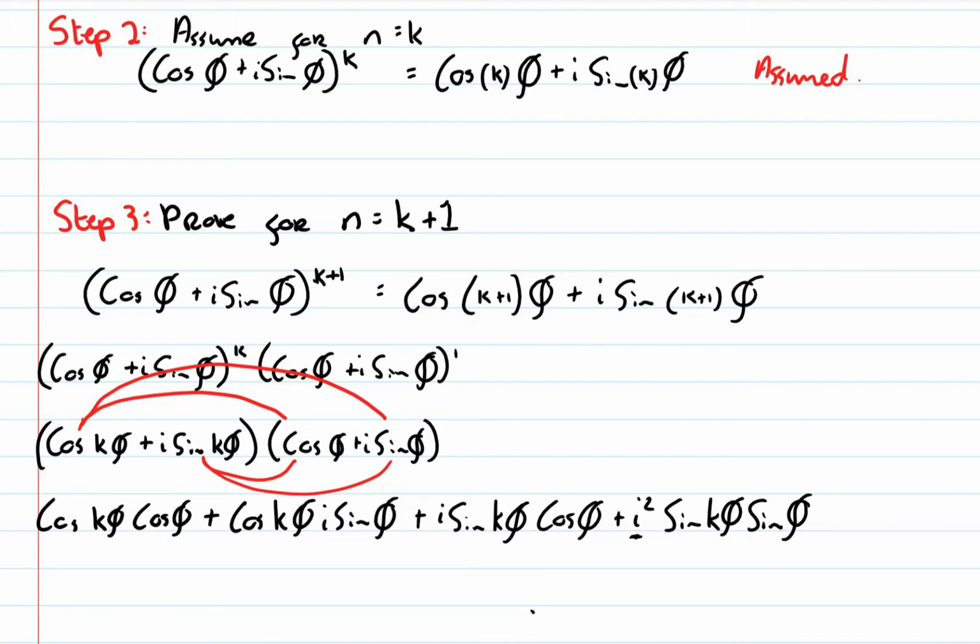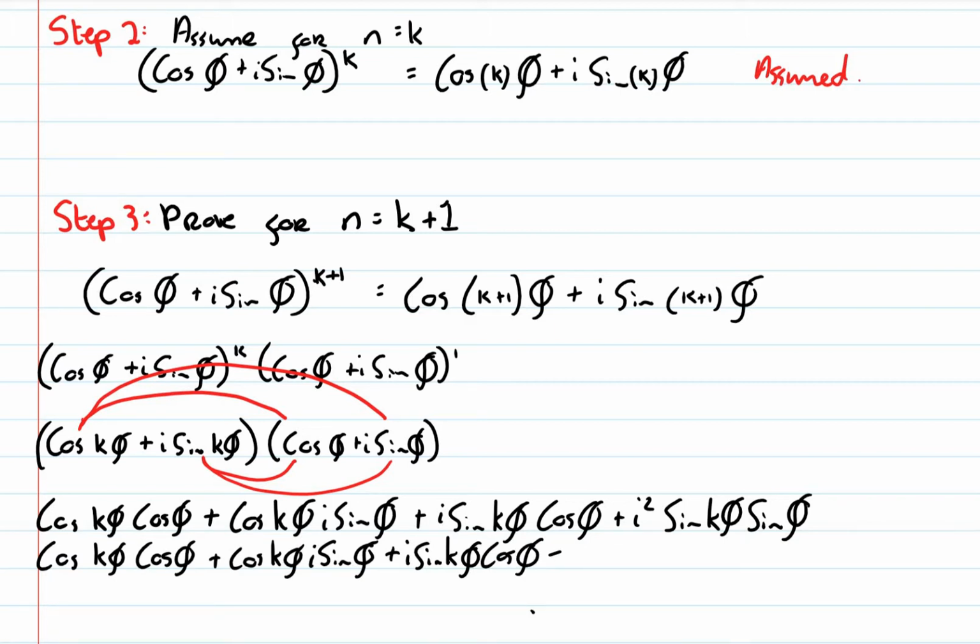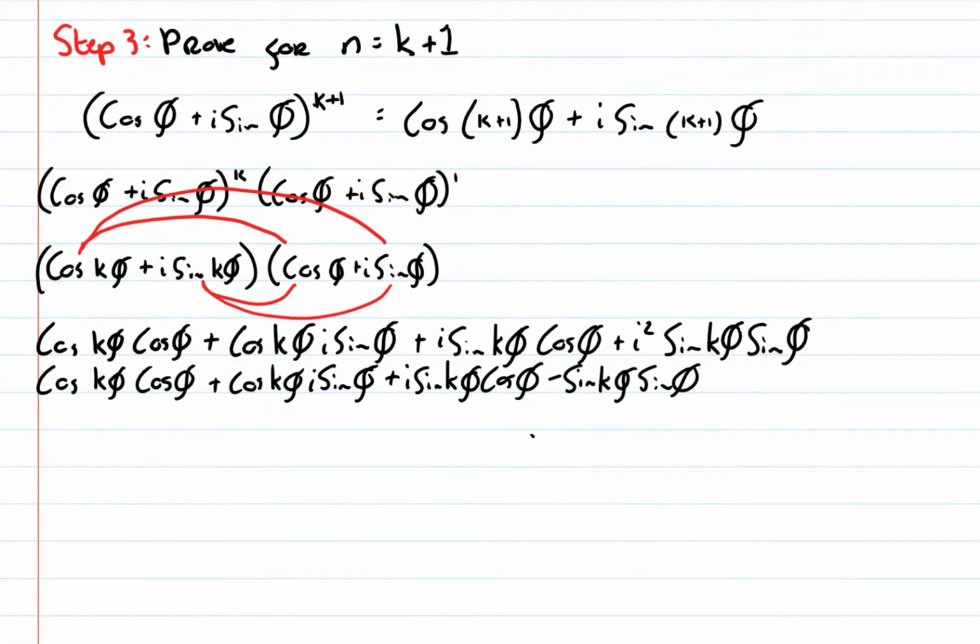Notice we have an i squared, which really is minus 1, or in other words, we drop the i squared and change that sign. So we get cos k theta cos theta plus cos k theta i sin theta plus i sin k theta cos theta minus sin k theta sin theta.